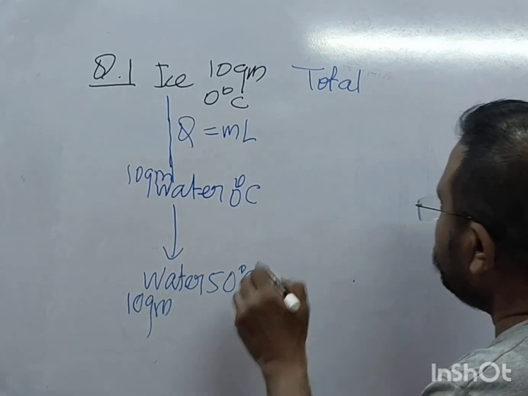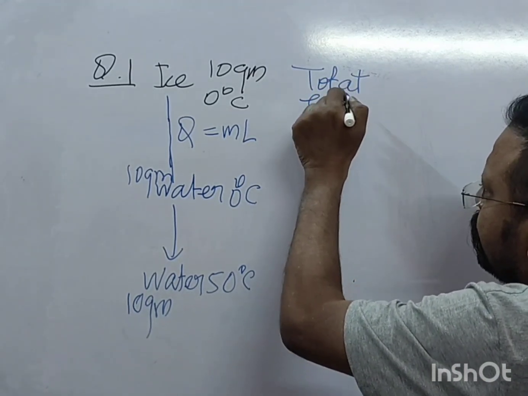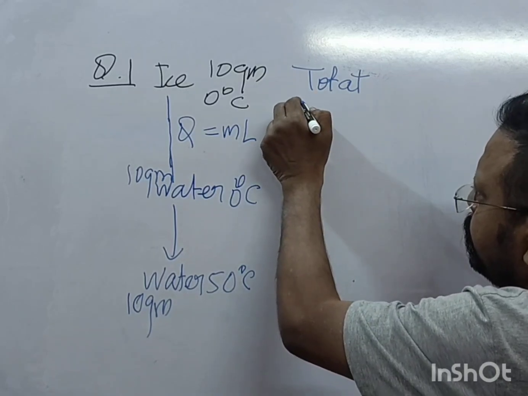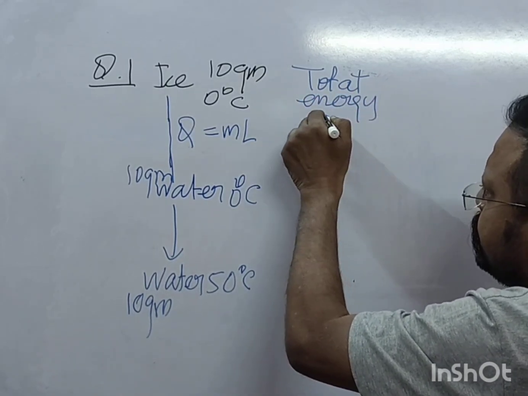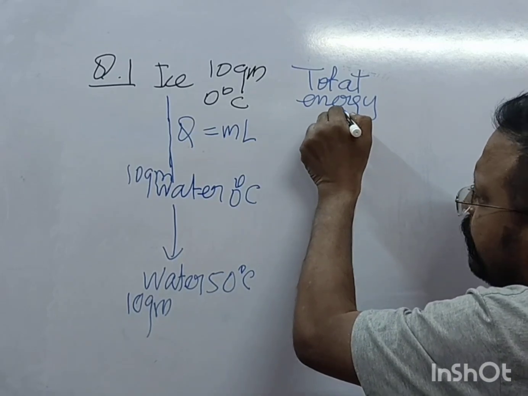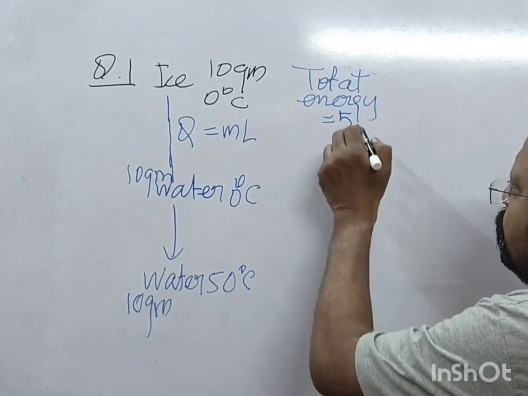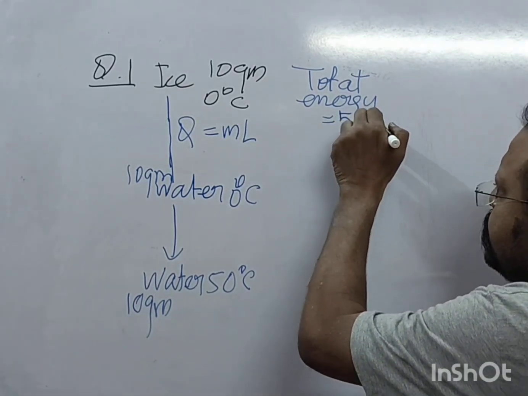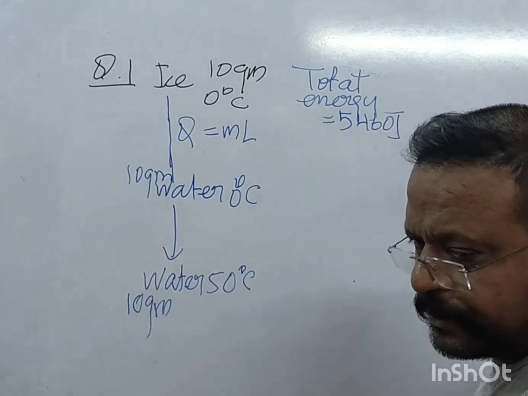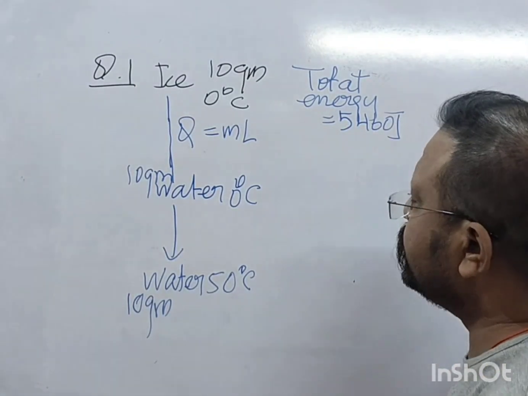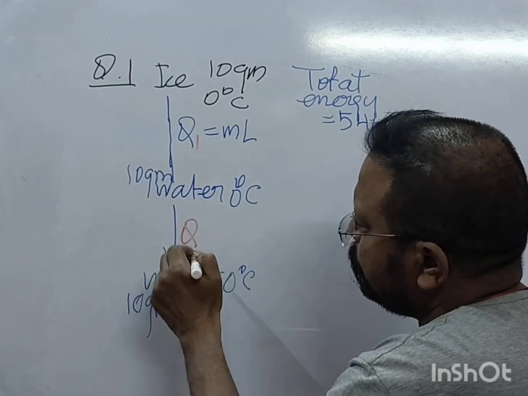Okay, so total energy is 5460 joule. This much is the total energy. This is Q1, this is Q2.